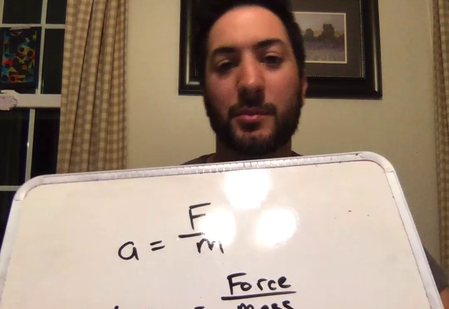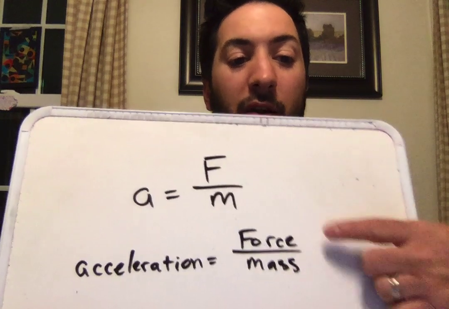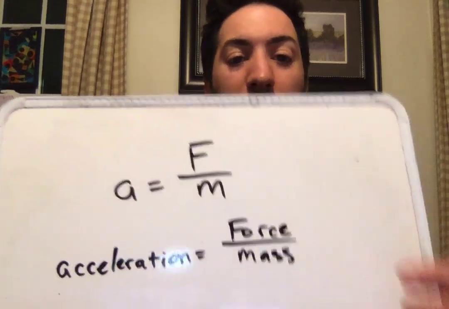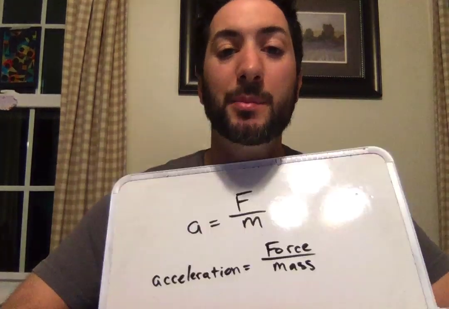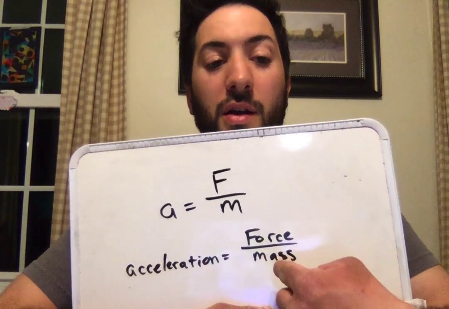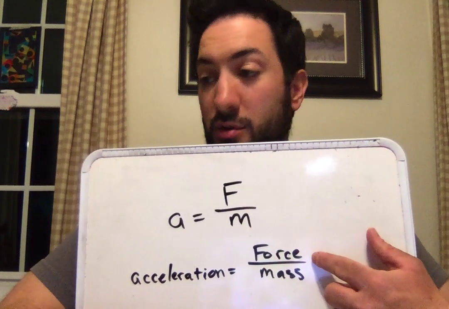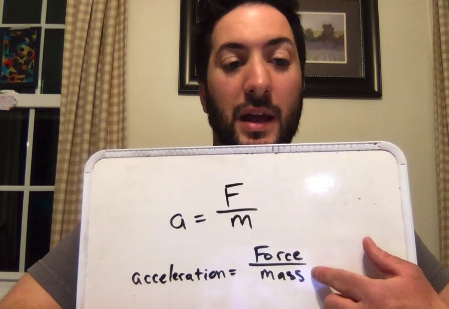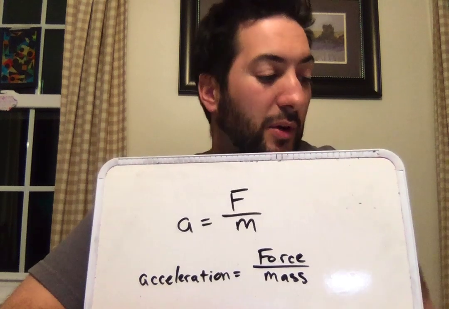Maybe you could head it, but probably kick it, most likely, right? So what did you do? You applied a force, okay? Well, here's the thing. How do we know what type of acceleration happens on that ball? Well, it all depends on the mass the ball has. So if you apply a certain force to a ball and divide that by the mass that ball has, that will give you the acceleration.